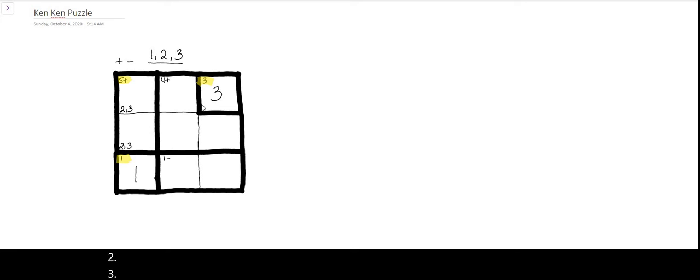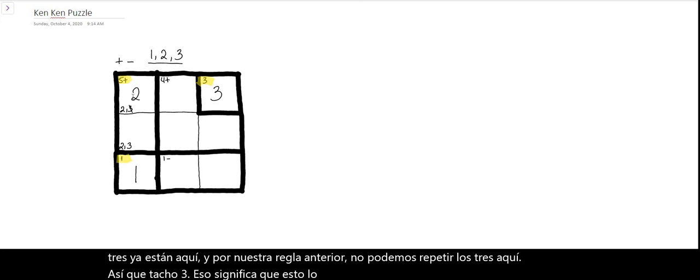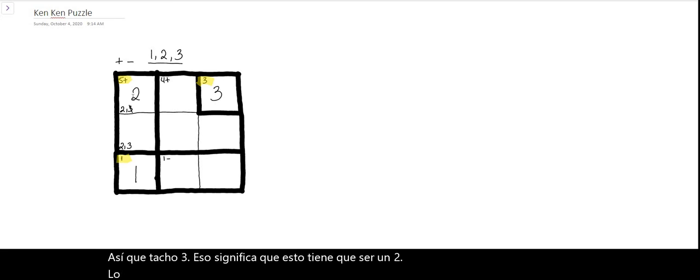I quickly realize that I'm not allowed to have a 3 in this space because the 3 is already here, and by our previous rule, we can't repeat the 3 here. So I cross out the 3. That means this has to be a 2, which means that in turn, this has to be a 3. And I know that 2 plus 3 is in fact 5.